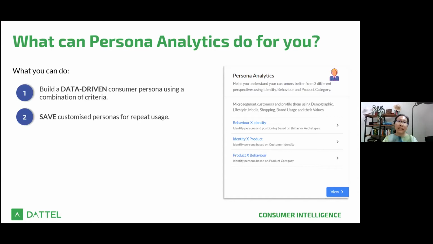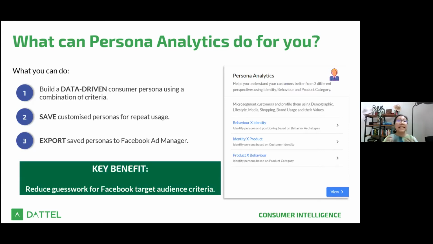And last but not least, you can now export them to your Facebook ad manager, and in the future, which we're currently working on, to other social media platforms as well. So you can use this to start your omni-channel marketing and essentially take the guesswork out of your target audience criteria. That's the main purpose and main benefit of what you can do with persona analytics.